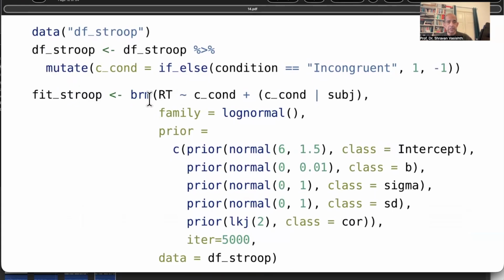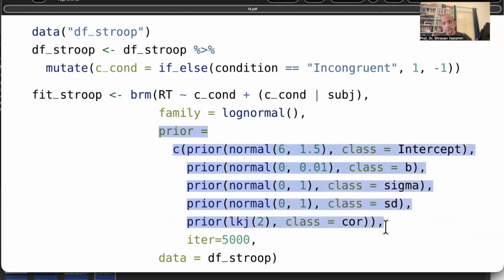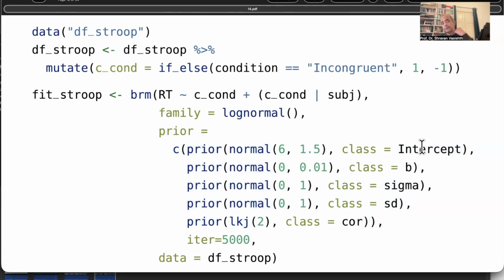And so here we're fitting a model with the log normal likelihood. Just be careful, this happens every year. People forget that when you're working with the log normal likelihood, the priors have to be on the log scale. You cannot have priors, for example, for the intercept being 500 mean and standard deviation, I don't know, 50 or something.